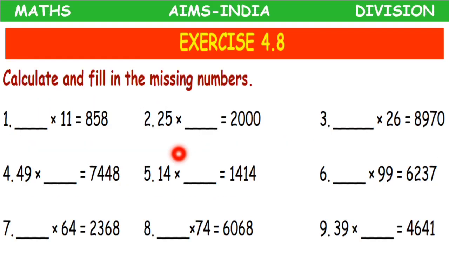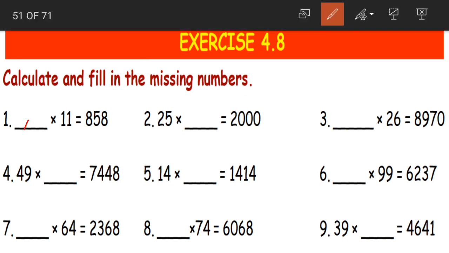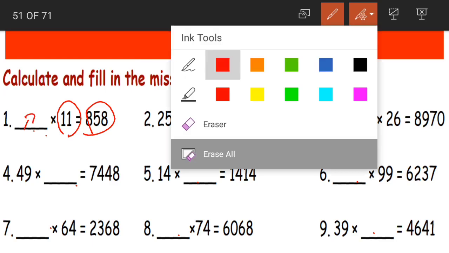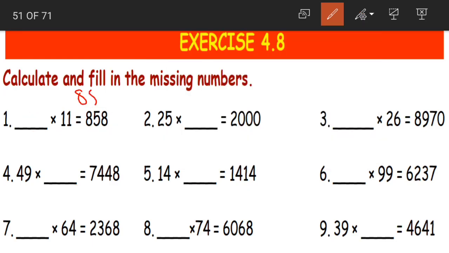Now here we are having an exercise based on the same concept. Calculate and fill in the missing numbers. Yes, how to calculate? See, in each of these, one of the factors is missing. Now what should you do? You should take the product, divide it by the given factor, and we'll get the other factor. For question 1, it would be 858 divided by 11.